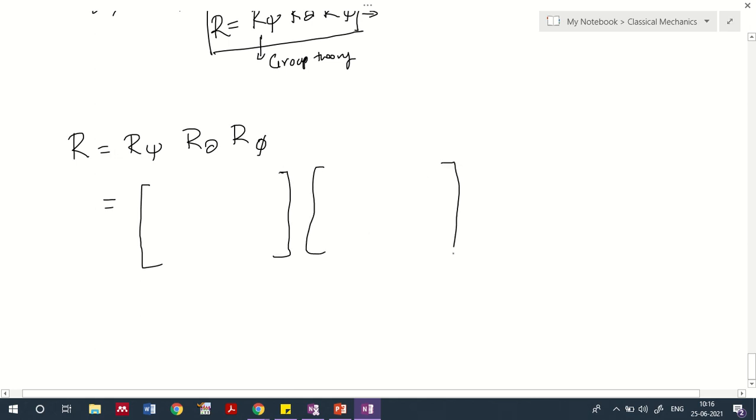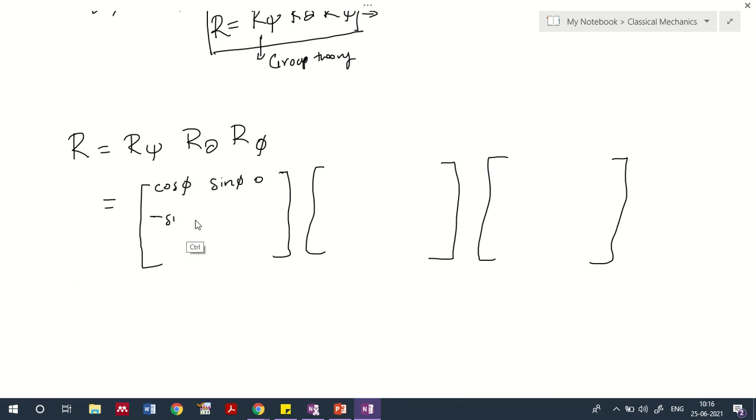There are 3 matrices corresponding to that, so we can represent each one here. I am not going into detail on the representation.